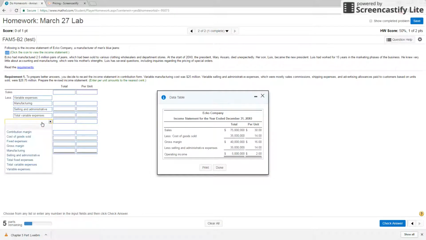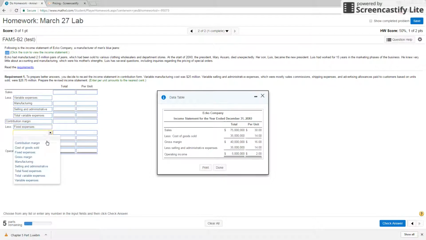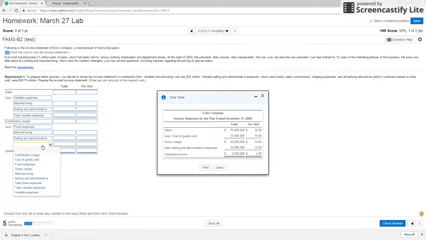And when we have the variable expenses, we can calculate the contribution margin. Then we go to the fixed expenses, and again, we have manufacturing and selling and administrative. And then at the end, we have the total and operating income.